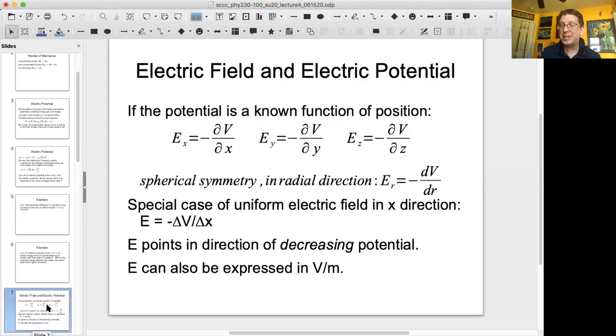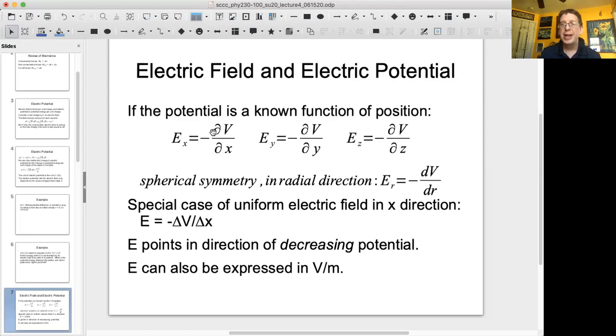So the x component of the electric field is equal to, and you'll notice if you aren't taking Calculus 3 right now, you might not be familiar with this symbol. That symbol represents partial differentiation.